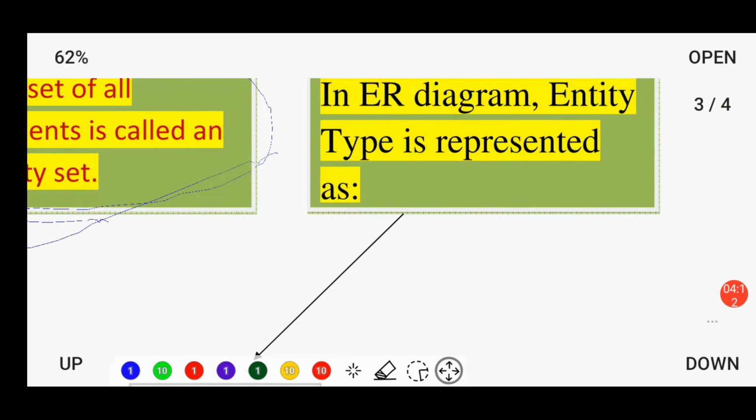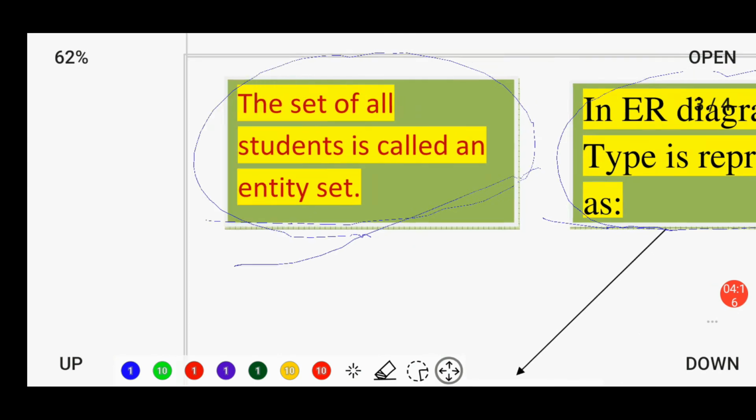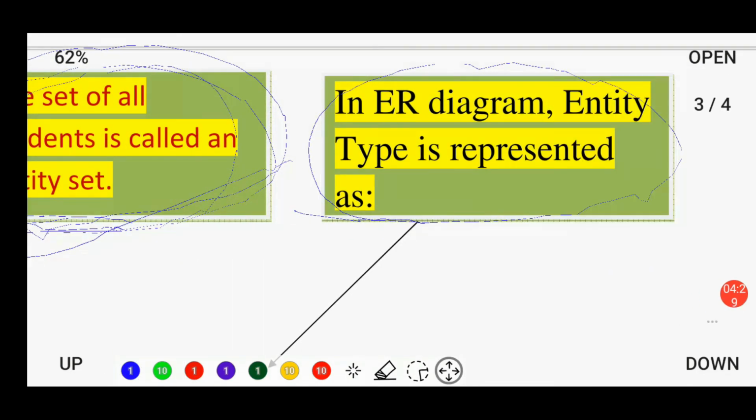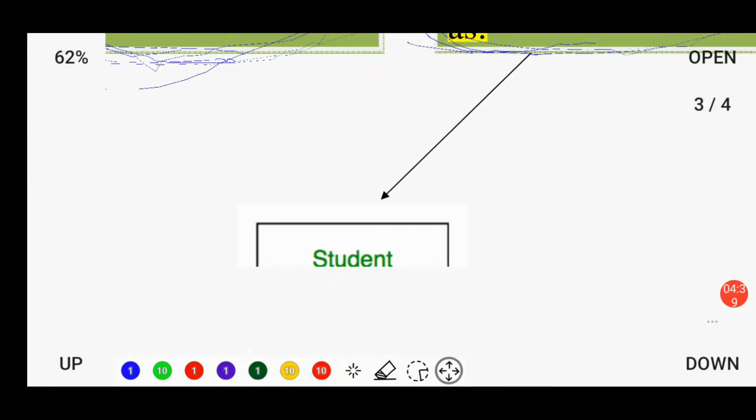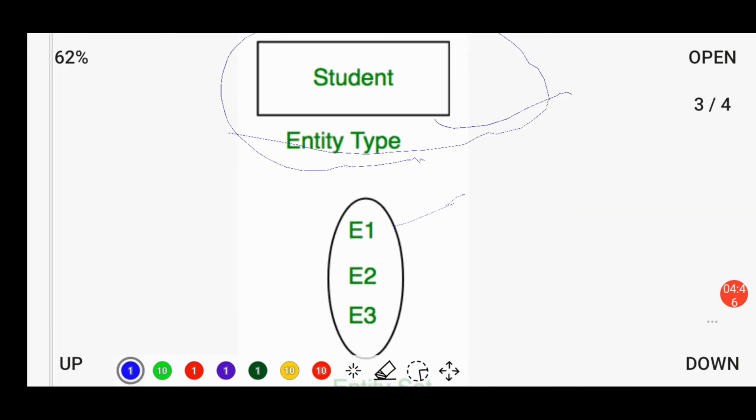When we group all the entities of a single type together, it becomes an entity set. Now let's see how we represent the entity type and entity set in an ER diagram. Suppose we have the entity type student, and we have three entities, E1, E2, E3.